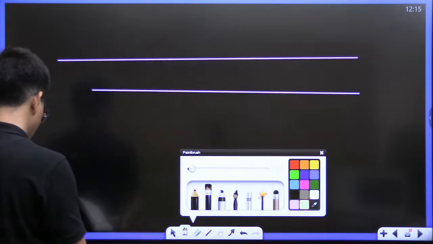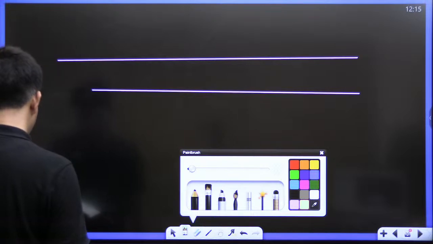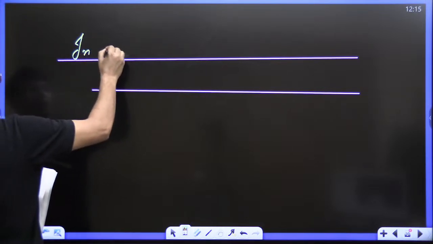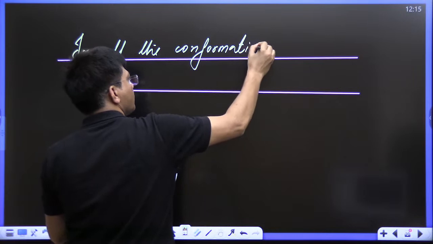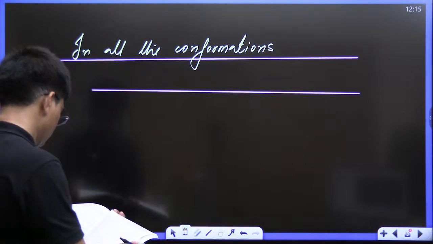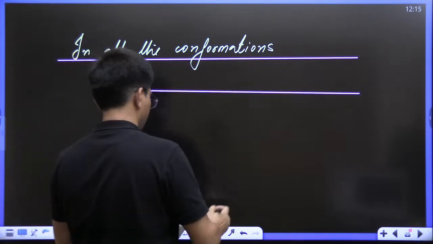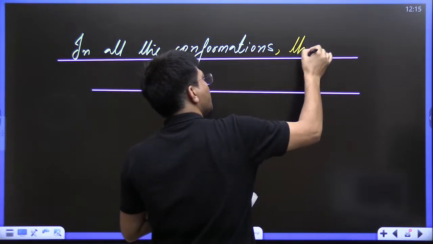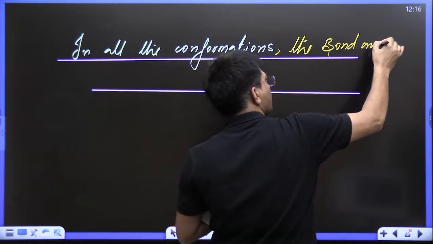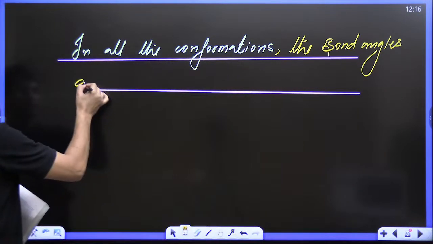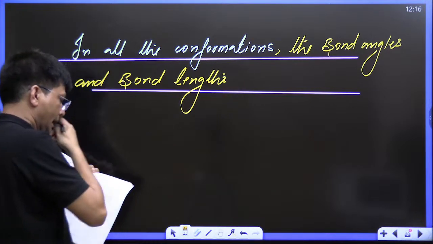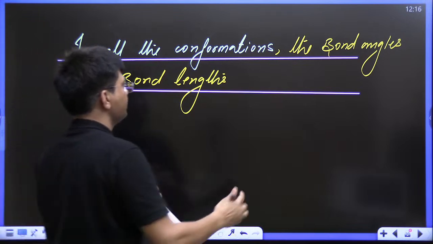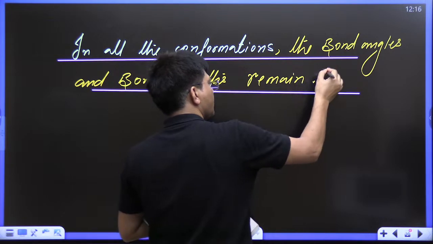Question is, that in all the conformations, the bond angles and bond lengths remain the same.